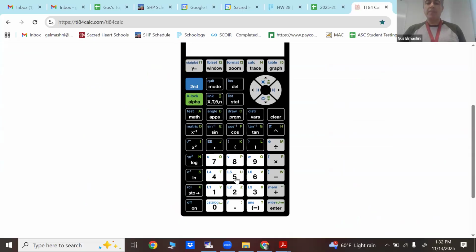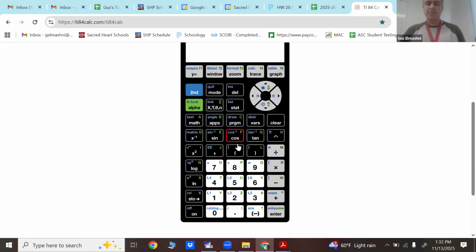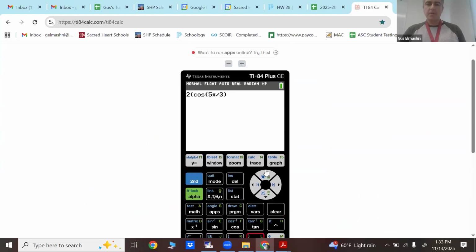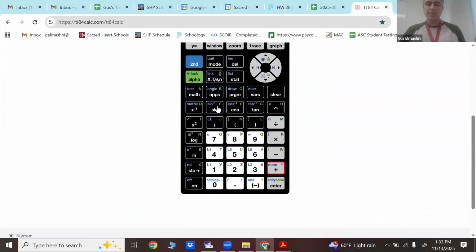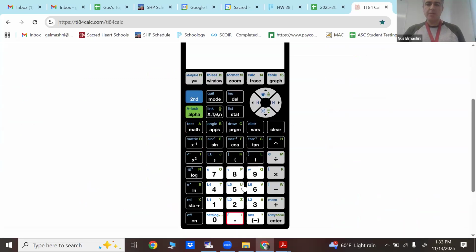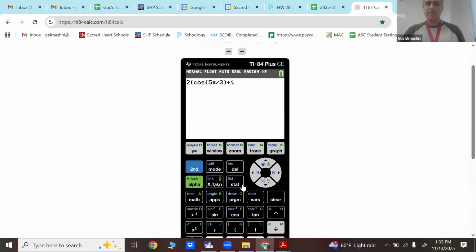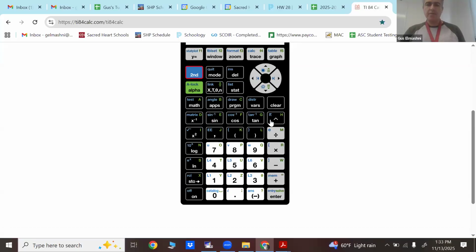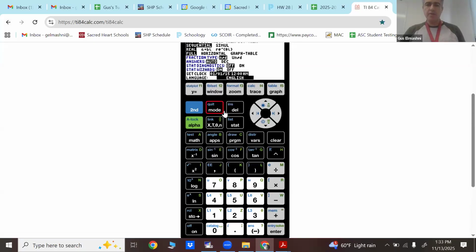So you could do 2 parentheses cosine 5 pi over 3 plus, second decimal point. So you have that now. So 2 parentheses cosine 5 pi over 3 plus i sine parentheses 5 pi over 3. And I think I'm in radian mode. I am.